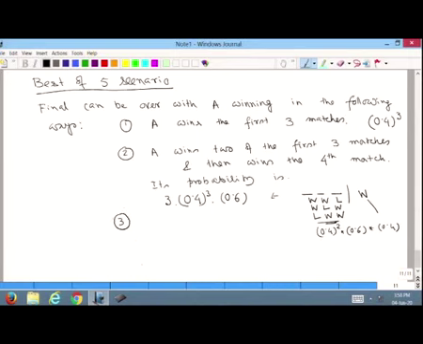In a similar way, the other way that A can win is that A wins 2 of the first 4 matches and then wins the 5th one.